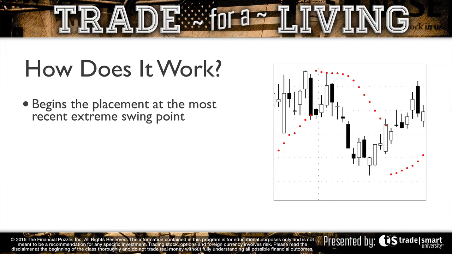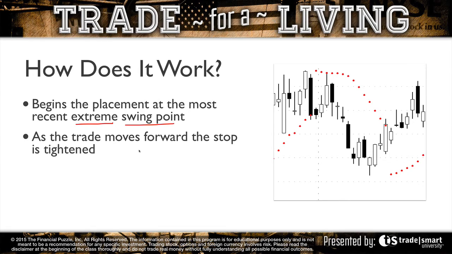Quick little introduction there. Let's talk about how it works. It's simply going to give you a location where your stop should be set. The way it identifies that is it starts with the most recent extreme swing point. That's how we know where the current stop should be set. Then, as the trade moves forward, the stop automatically tightens.